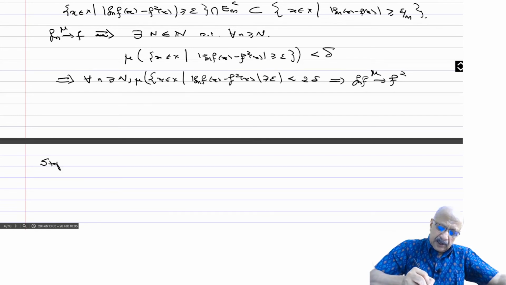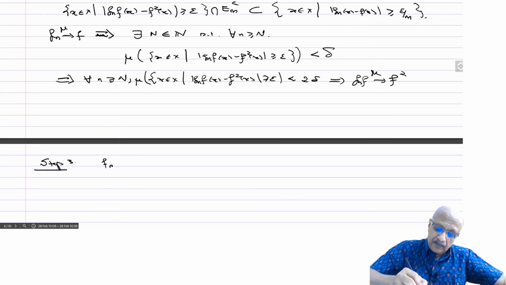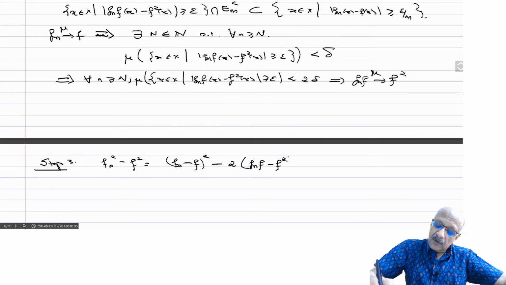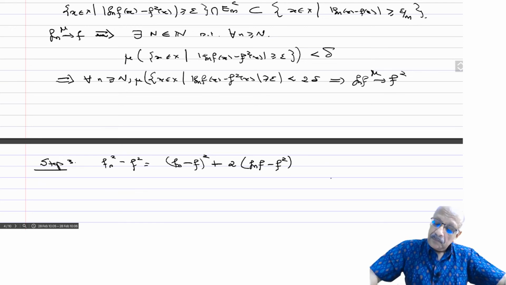So step 3: you have f_n² − f² equal to (f_n − f) whole square. So that's f_n² plus f² minus 2 f_n f, which is (f_n − f)² plus 2 times (f_n f − f²).